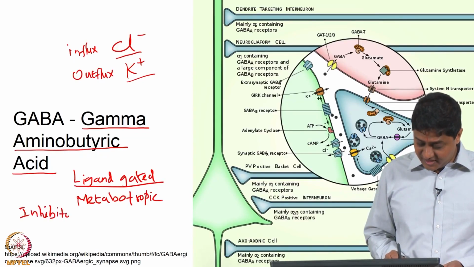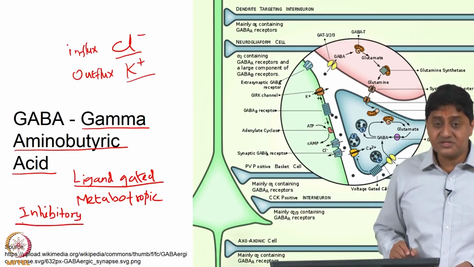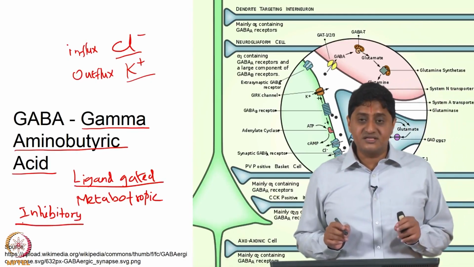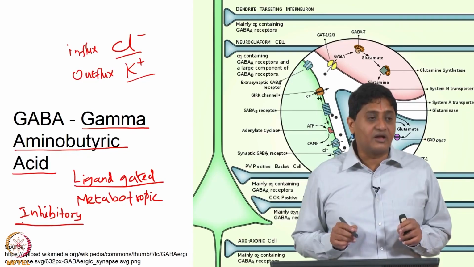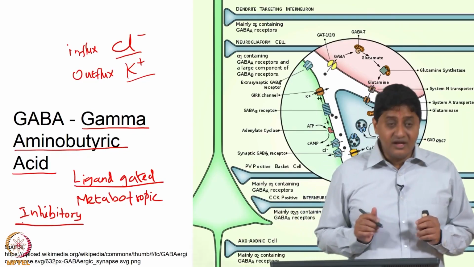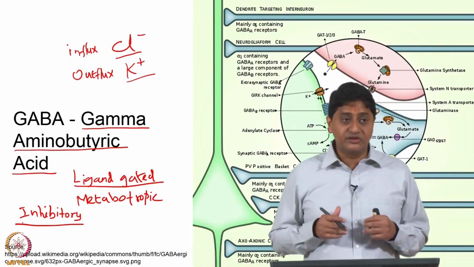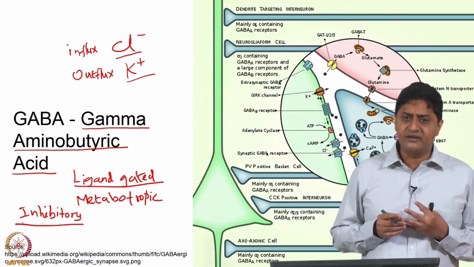Most cases. Whenever I say most, that means that there are cases where this is not inhibitory. For example, in many insects GABA functions as both excitatory and inhibitory. How is this possible?